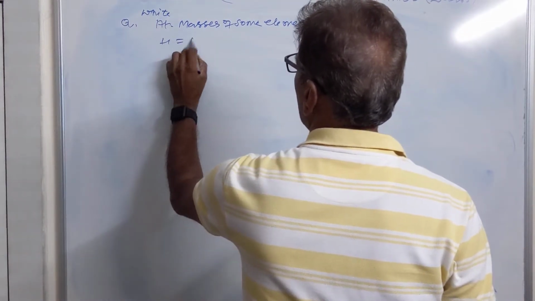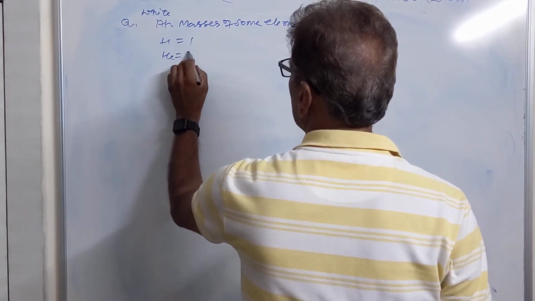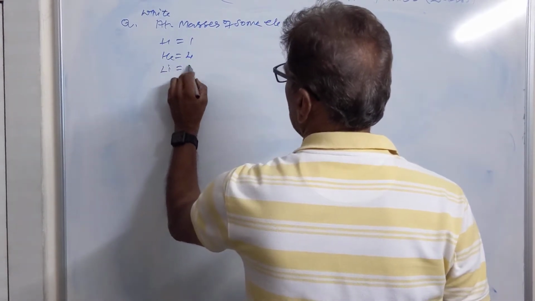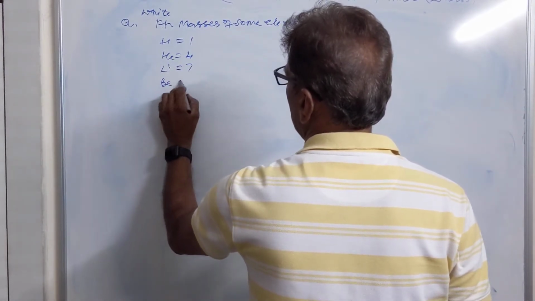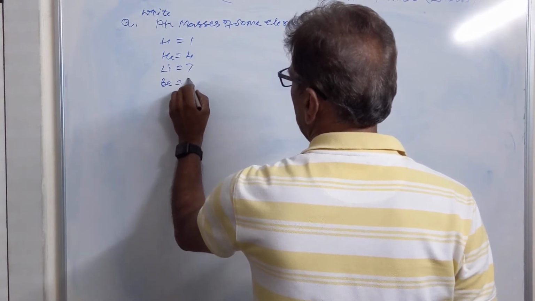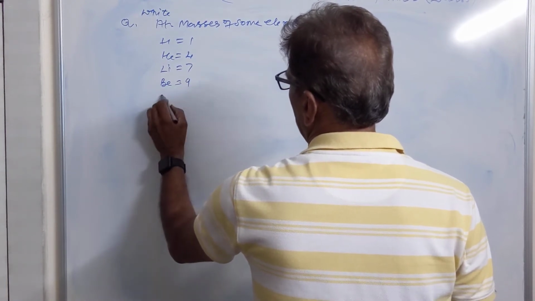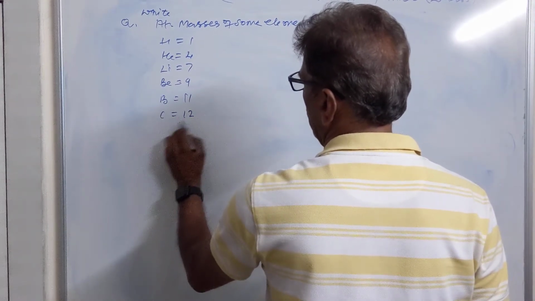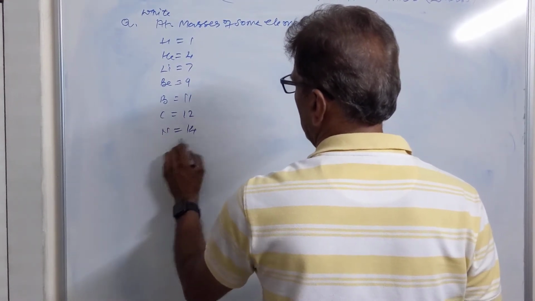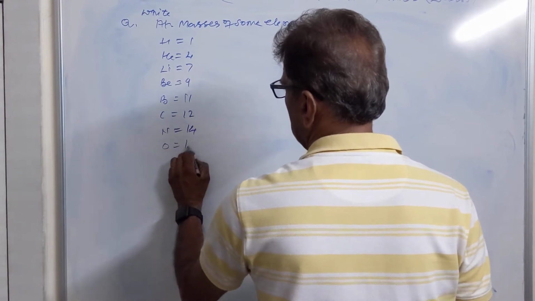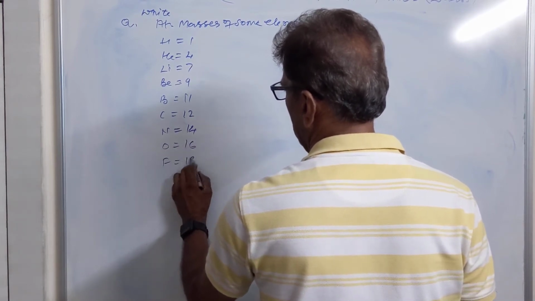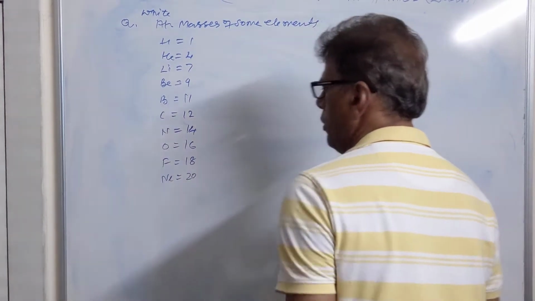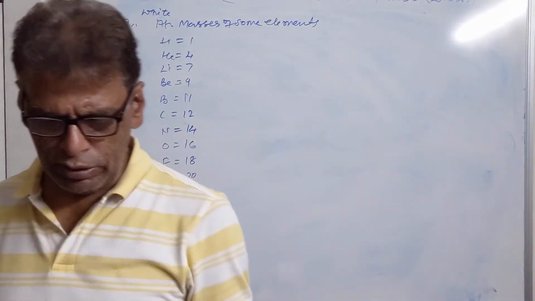We have hydrogen atomic mass 1, helium atomic mass 4, then we have lithium atomic mass 7, beryllium atomic mass 9, boron is having atomic mass 11, carbon is having 12, nitrogen having 14, oxygen is having 16, chlorine is having 18, neon is having 20. So these are the atomic masses of different species.